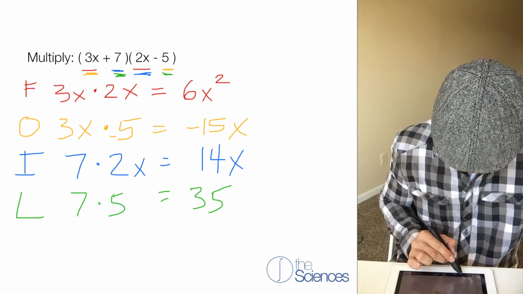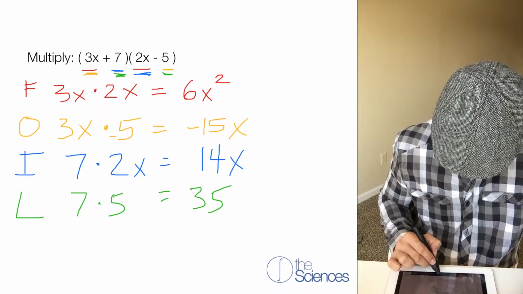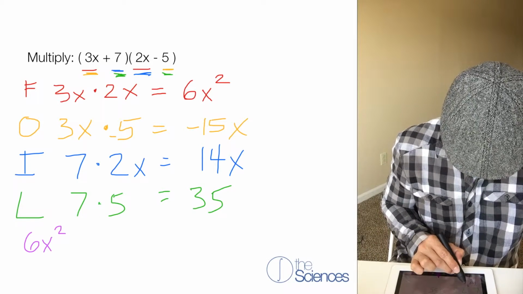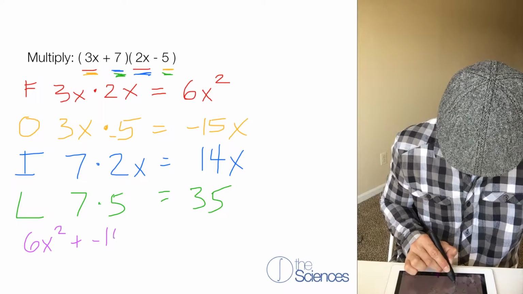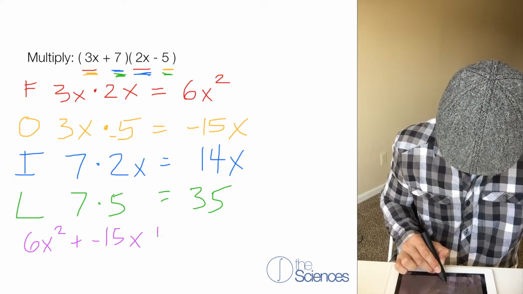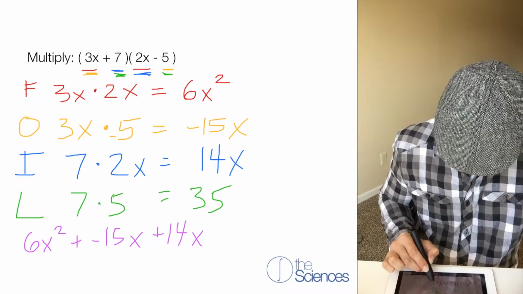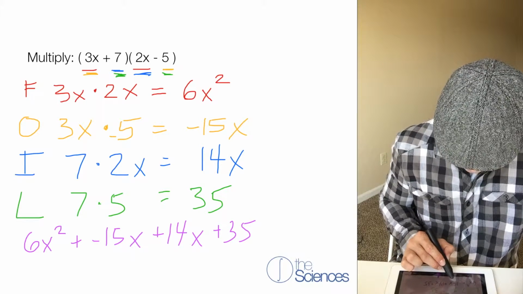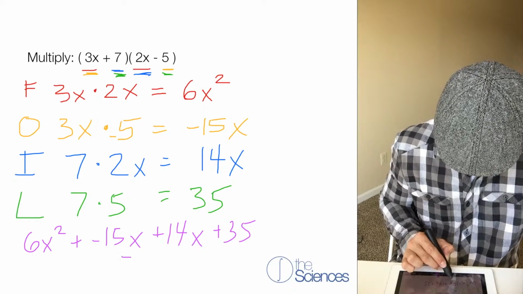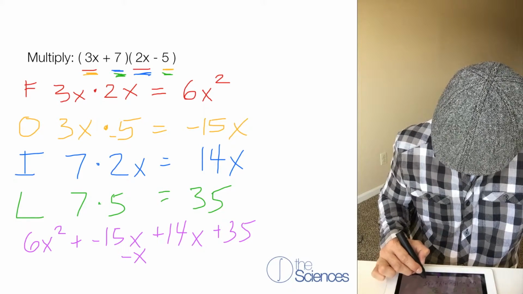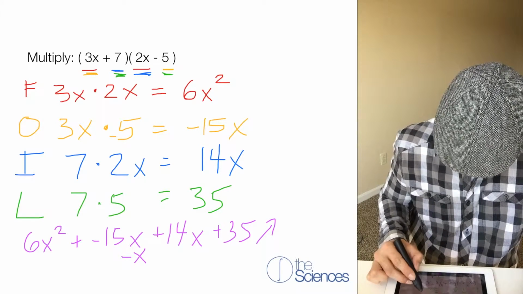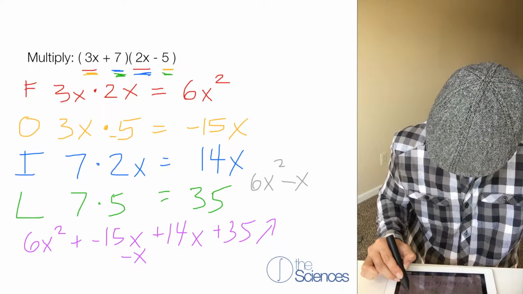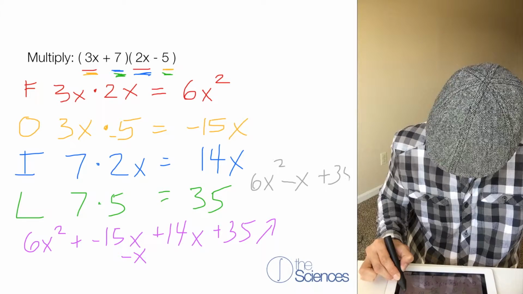So now all we're going to do is add these up. So we get 6x squared plus negative 15x plus 14x plus 35. Well, negative 15x plus 14x is negative x, so we can simplify this as 6x squared minus x plus 35.